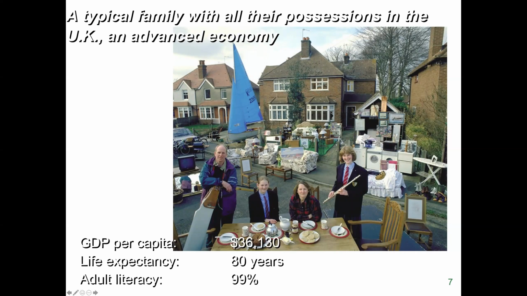So that's what you get at $36,000 a year, which, hopefully many of you will end up with a higher per capita income, but that's not too shabby in a worldwide context. They've also got a life expectancy of 80 years and a lot of literacy.